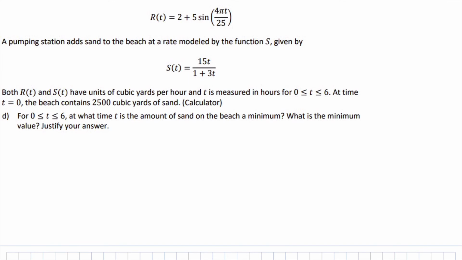So from hour 0 to hour 6, and everything in between. At what time t is the amount of sand on the beach a minimum? What is the minimum value? How do you know that? Justify your answer.